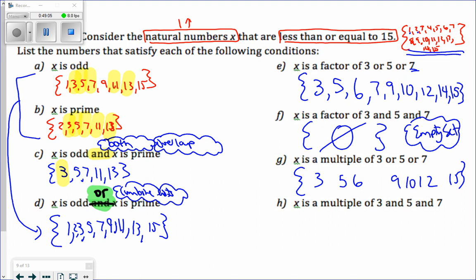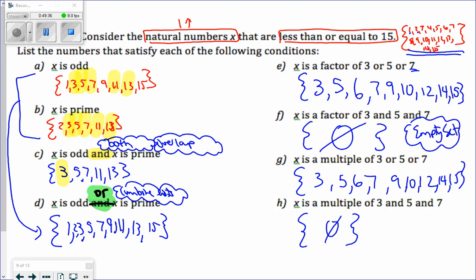What are the multiples of 7? 7, 14. There we go. So or means one or the other or both. Is there any number that's a multiple of 3 and a multiple of 5 and a multiple of 7? No. Okay.